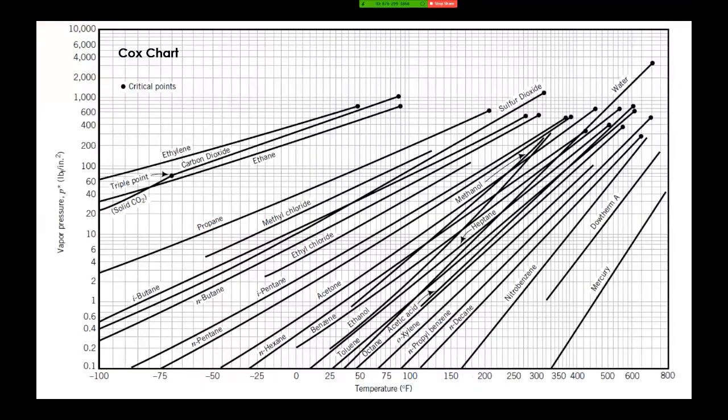Okay, and we saw the last one. We saw the Cox chart. This Cox chart is a plot of many lines for different components: ethane, propane, water, and so on, right? We have many components, a couple of dozens.